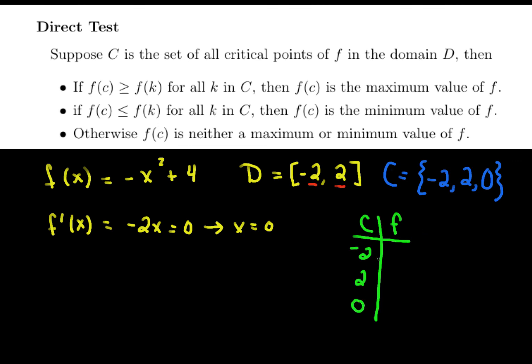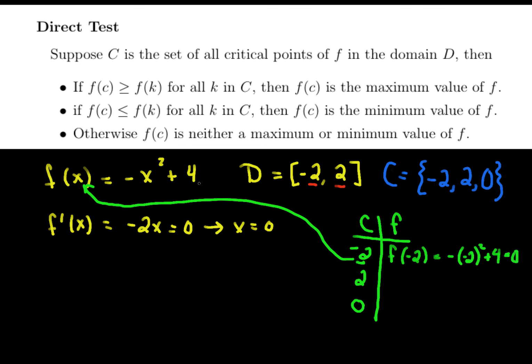When we put -2 into f, I'll just forewarn you, a common mistake students make when they're not quite thinking things through all the way is that they'll put these values into f prime. That is not where it goes. We need to put these values into f. So we take -2 and put it into f right here. f of -2 is equal to negative -2 squared plus 4, which is 0.